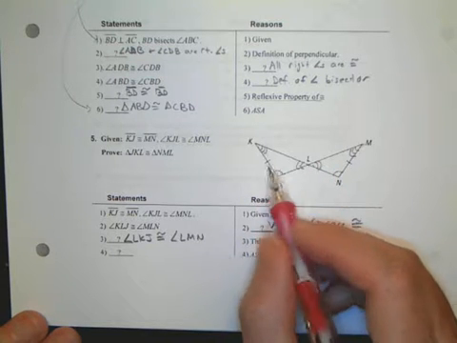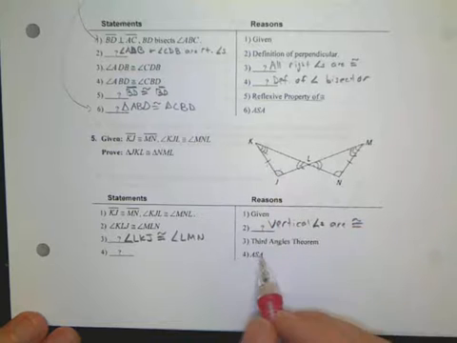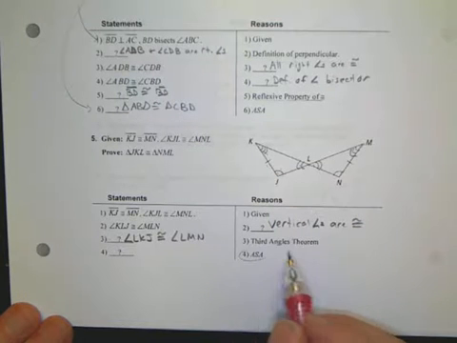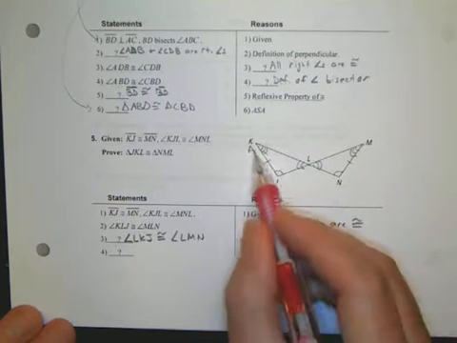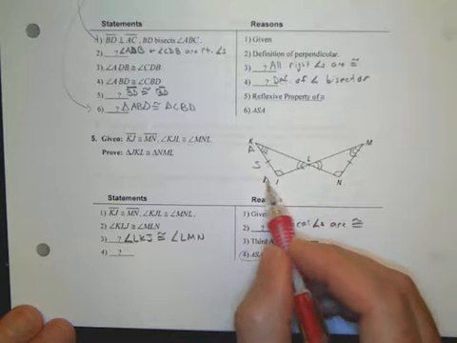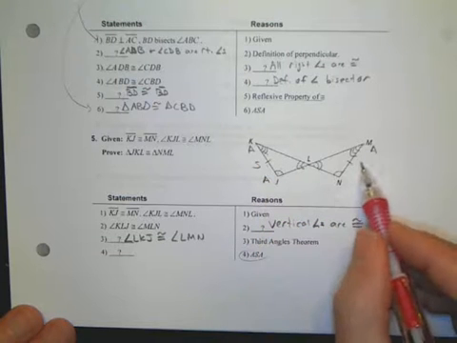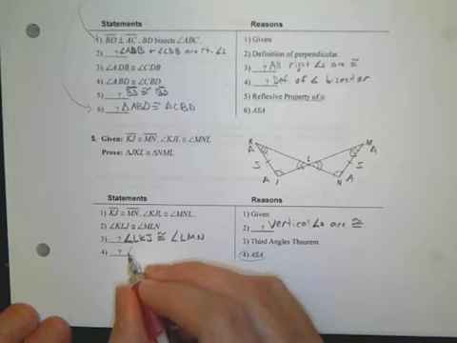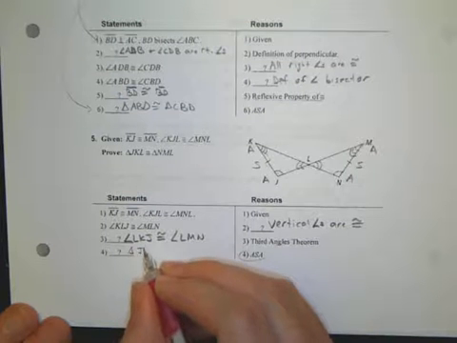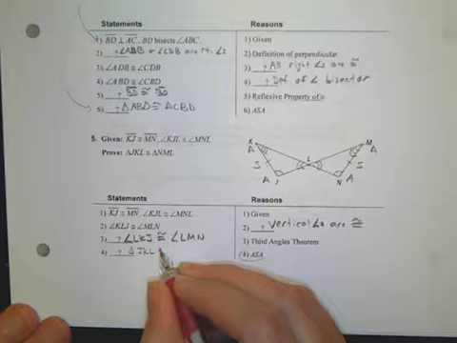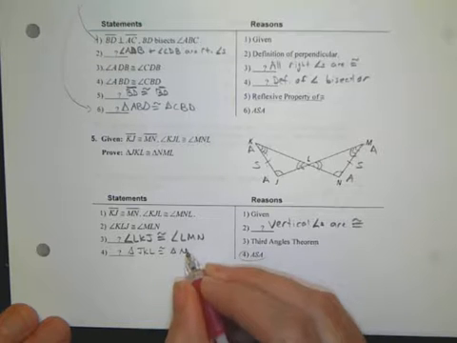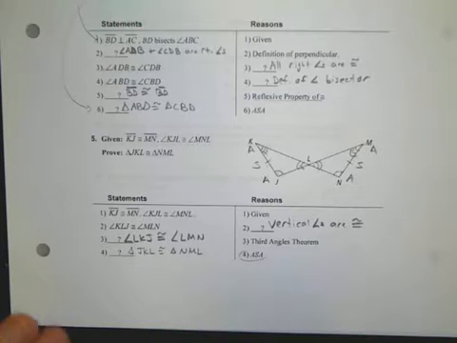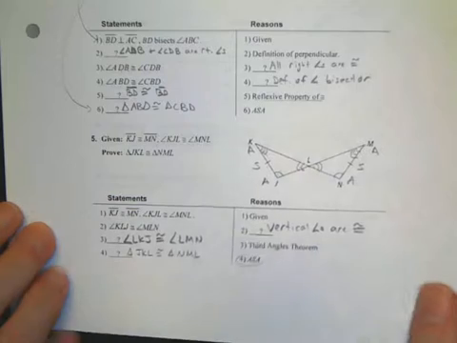I have an angle side angle that matches. I see they want me to use the angle side angle theorem, so we're going to go with the angle side angle postulate, to prove that triangle JKL is congruent to triangle NML. And that's what we do for number 5.